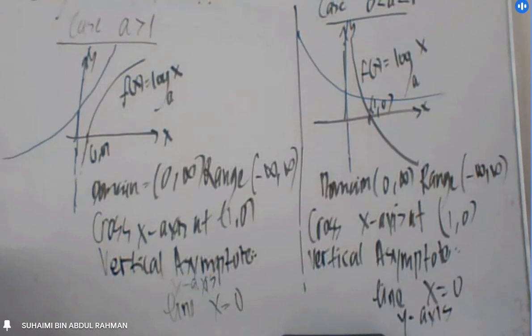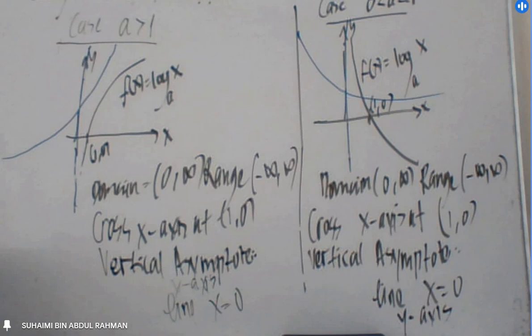We have 2 kinds of reflections: about the y-axis and about the x-axis. Then compress or stretch, either vertical or horizontal.